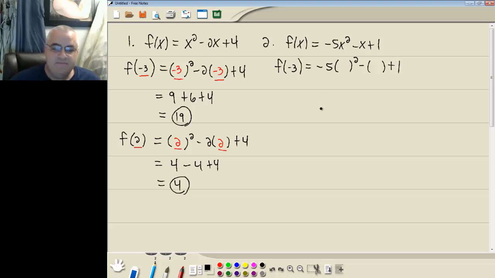All I did is replace the x's with parentheses. Now whatever's inside the parentheses over here is automatically what we're going to put in here and here. So I'll put negative 3 here and negative 3 here. And then we want to simplify that. Well, negative 3 squared gives us a positive 9. Negative negative gives us a positive 3 plus 1. Negative 5 times 9 is negative 45 plus 3 plus 1 is 4, which ends up giving us negative 41.